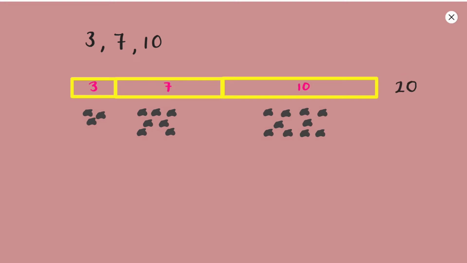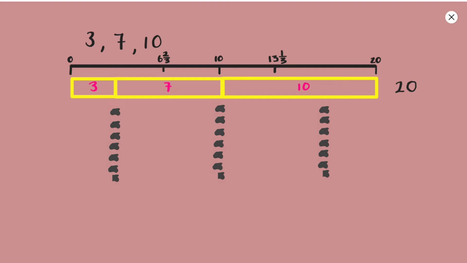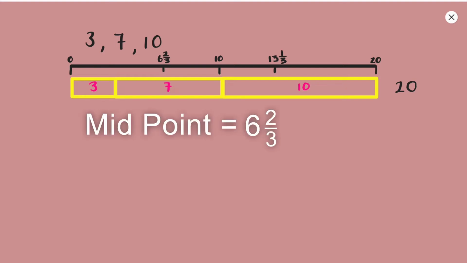And this 20 should be then split again so that everyone gets an equal amount. So we now see that the total is 20. We split this into 3 and we get 6 2/3 for each part. So adding them all up into 1 and then sharing them out evenly into thirds will give us the midpoint of all 3.